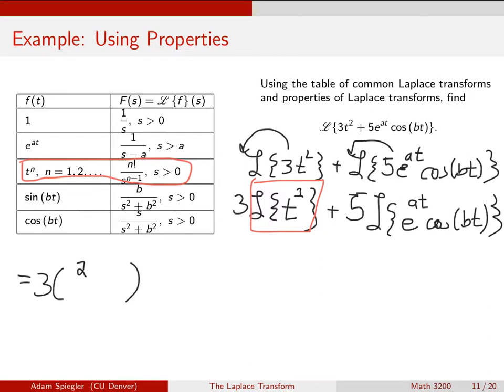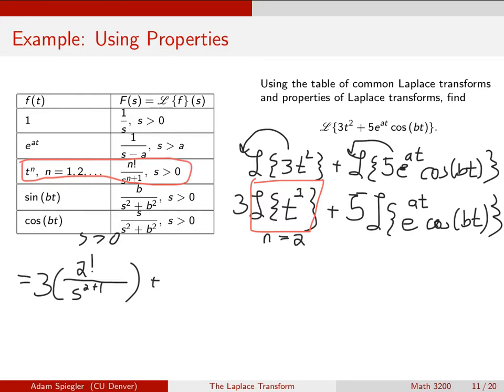So I'm going to get 2 factorial all over s to the n plus 1, which is 2 plus 1. And so for this one, we just would need a domain of s bigger than 0, since here we're just using the fact that n is equal to 2.